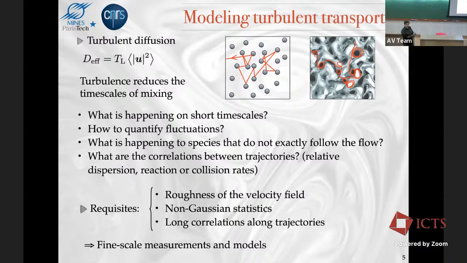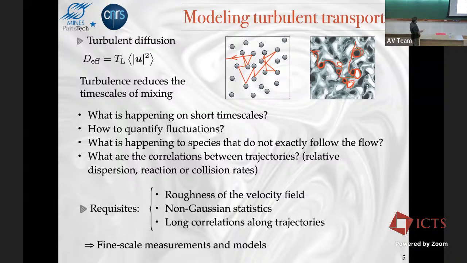For instance, if you have chemical reactions, you don't care about knowing where you can find a particle. You want to know where you can find two particles which are going to react together. Same if you have collisions. So in order to quantify these things, you need the correlations.